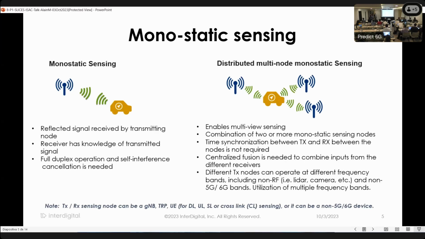And then, of course, if we try to do it with multiple nodes in a monostatic mode, coordinating together, then we have that time synchronization requirement across the nodes, because they need to collaborate in a timely manner to be able to make sense out of all these reflected signals processed by these different nodes. So this is monostatic sensing, and this is distributed multi-node monostatic sensing. These are the two big sensing types that we are considering.